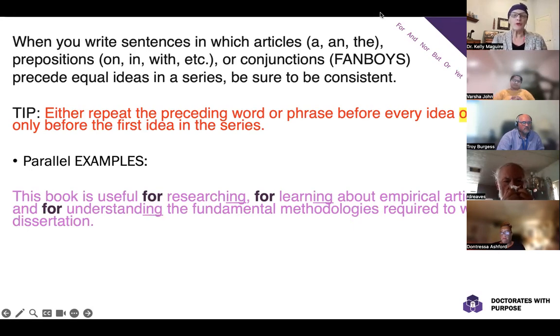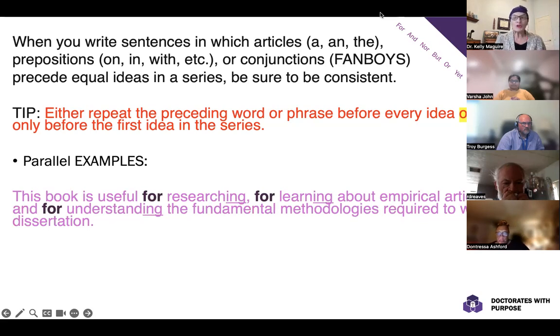This book is useful for researching, for learning about empirical articles, and for understanding the fundamental methodologies required to write a dissertation. So in this sample, what I did is I repeated the word "for" before each phrase.